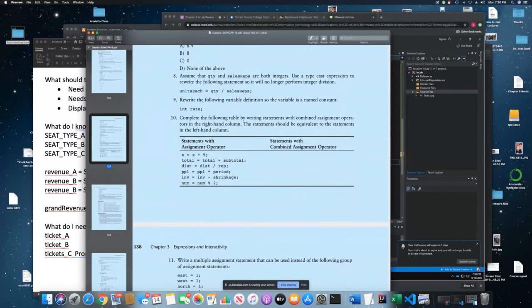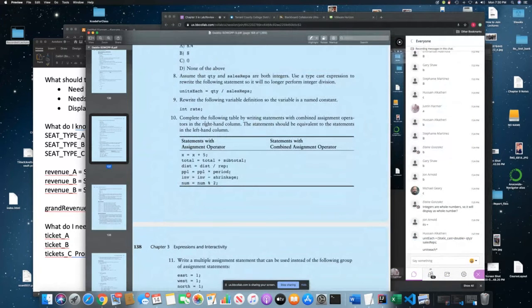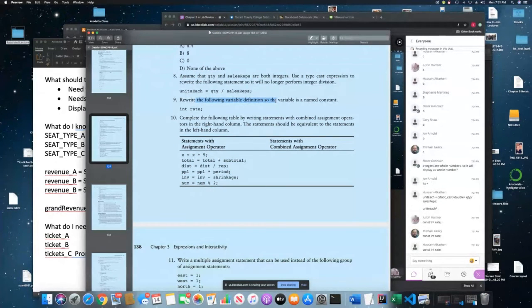Let me get the chat back. On this one, rewrite the following variable definition so the variable is a named constant. So how would you do that? Write it. Because at this time when we were in class, we'd have students at the board writing this. So: constant int rate. Oh, but wait, we got problems.